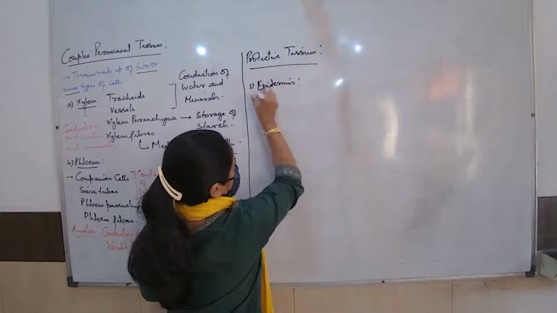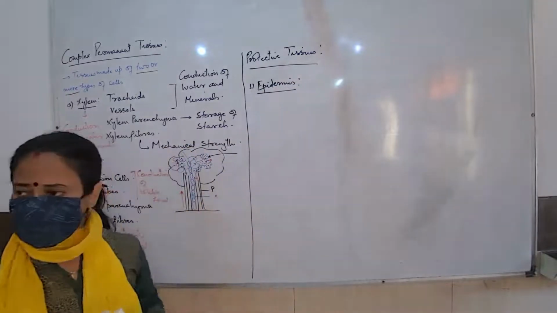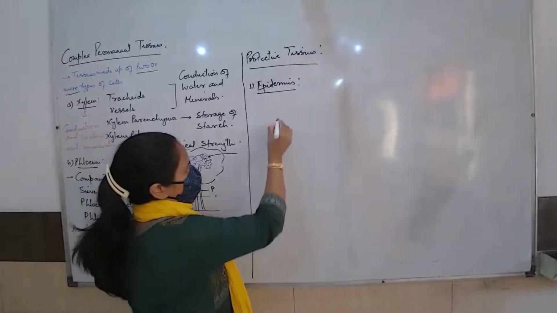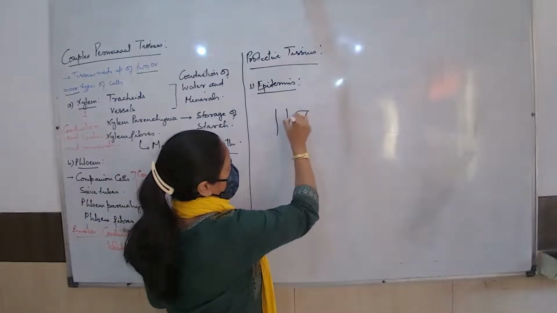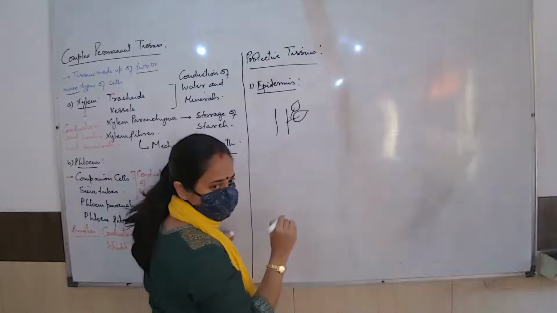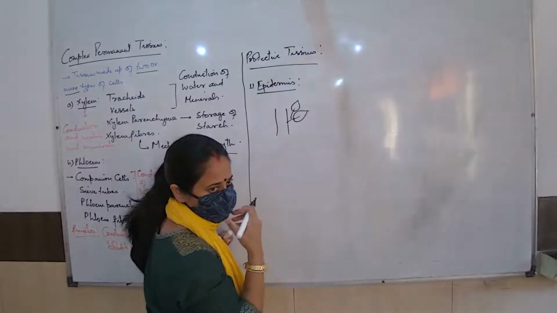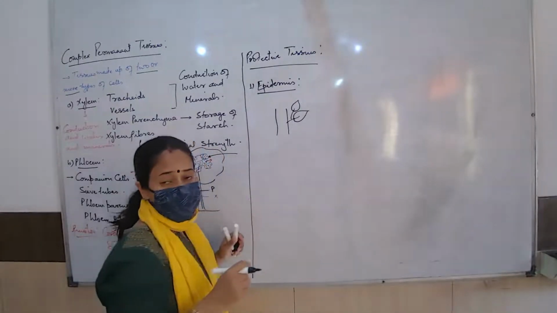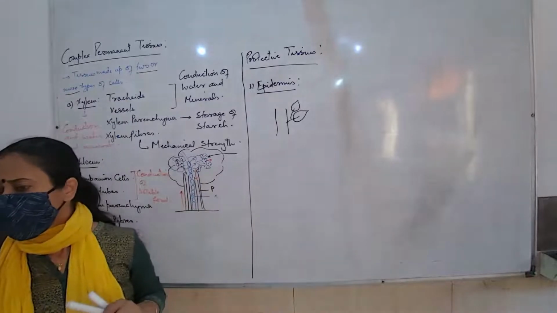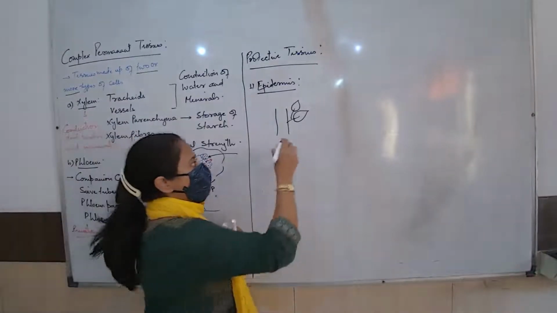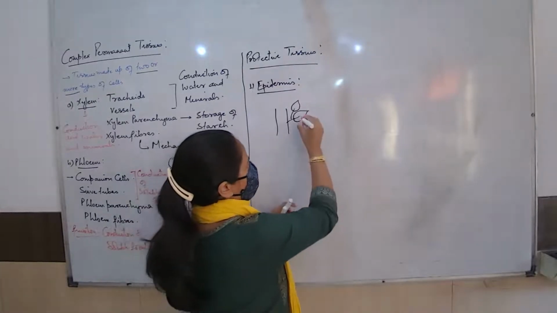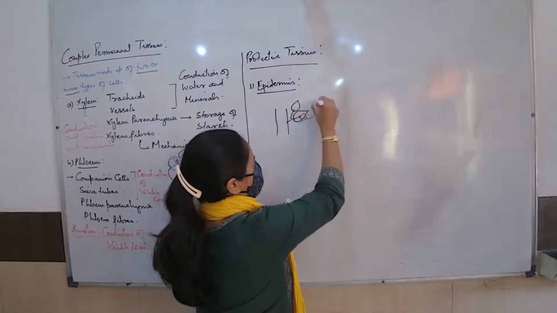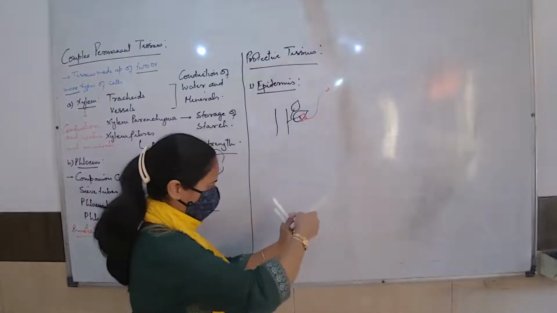Epidermis. Suppose I talk about the leaf. This is one plant, and this plant has a large number of leaves. Let us look into a section of the leaf to find out how it would appear.